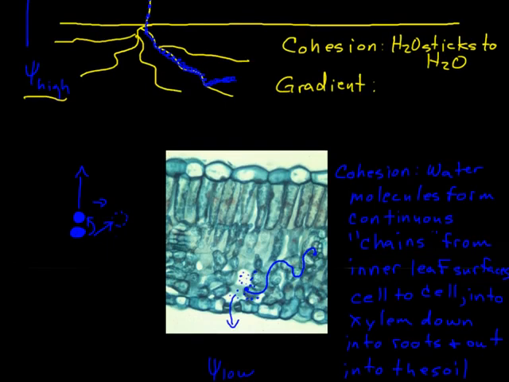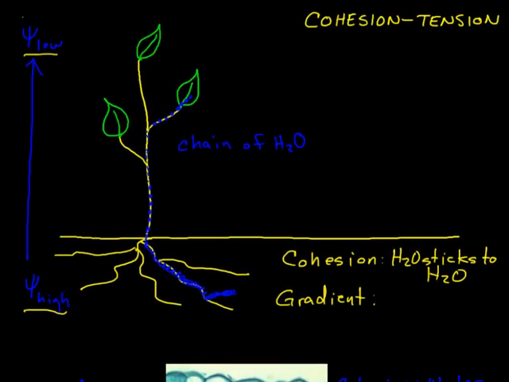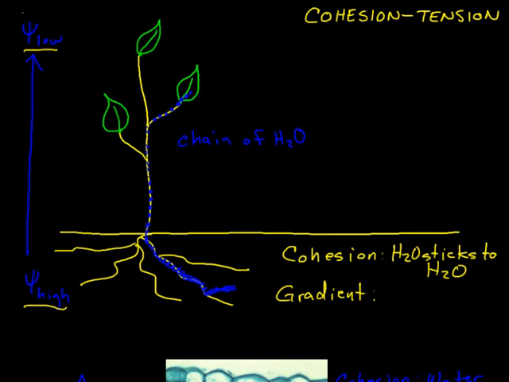And so that explains the first part of cohesion tension. The second part of cohesion tension is the tension, and the tension is provided by the gradient. The gradient causes transpiration to occur. In other words, water moves from the interior of the leaf to the lower water potential air surrounding the leaf.